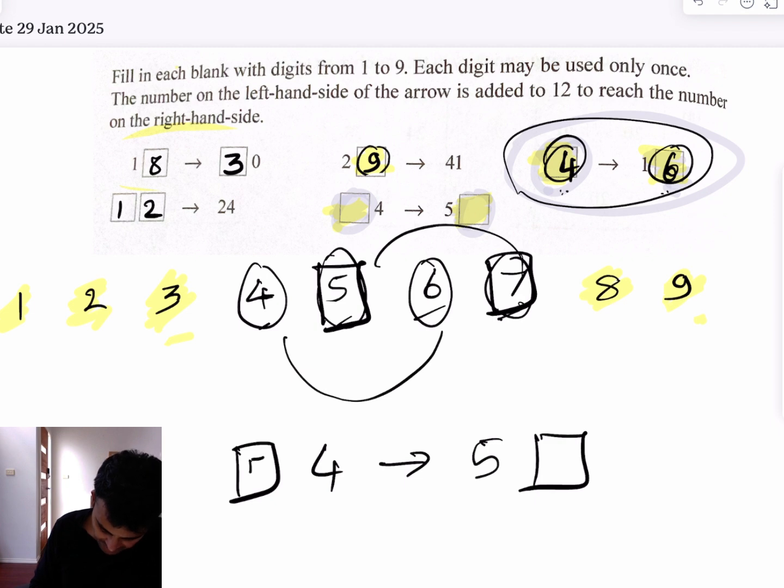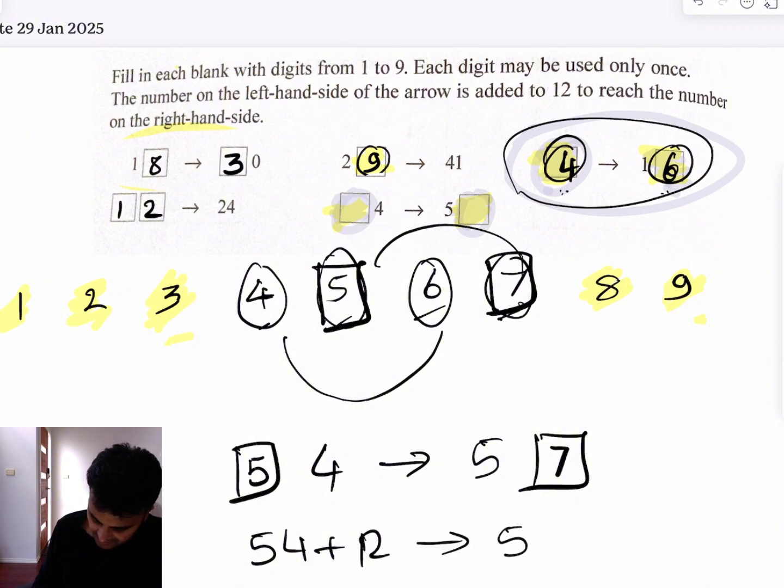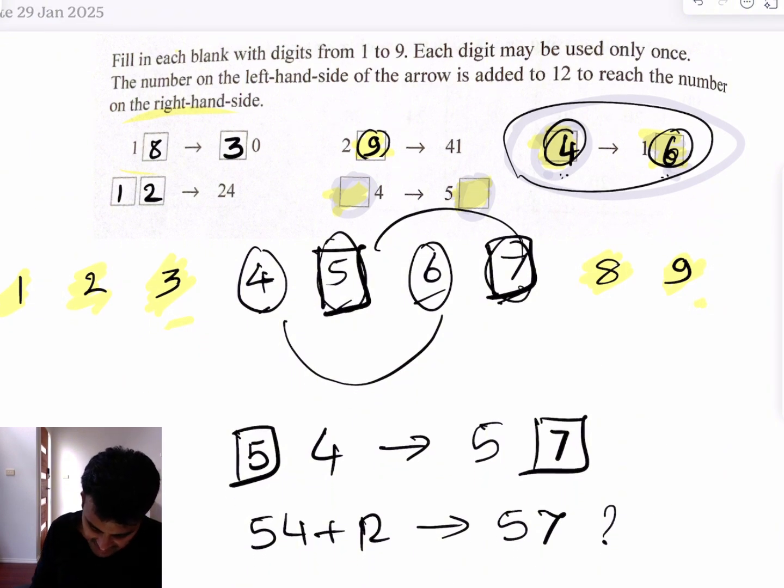Let's put a 5 over here and let's put a 7 over here. Is 54 plus 12 equal to 57? No. Our maths is not that bad. 54 plus 12 is actually 66, not 57. Which means 5 and 7 are not the correct answer for this.